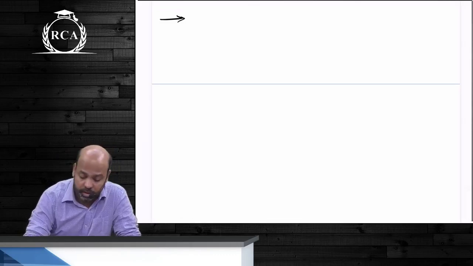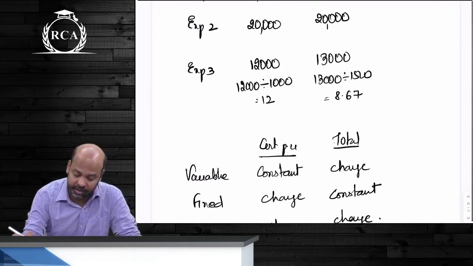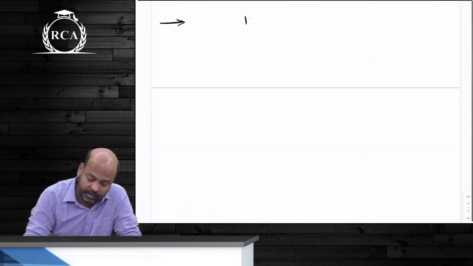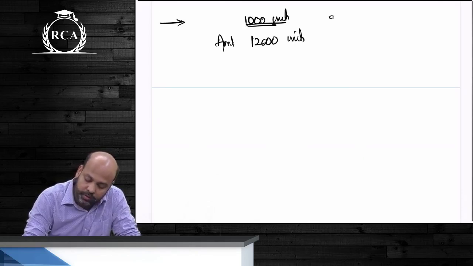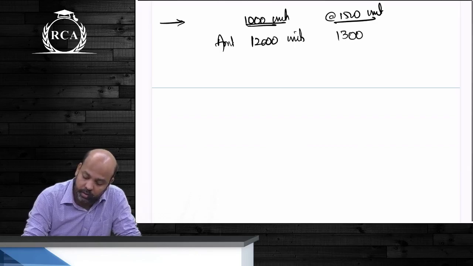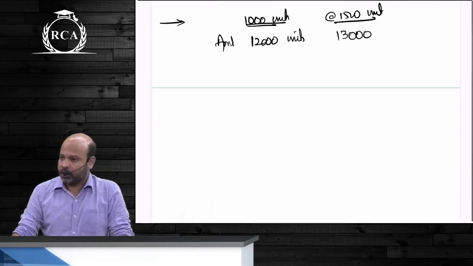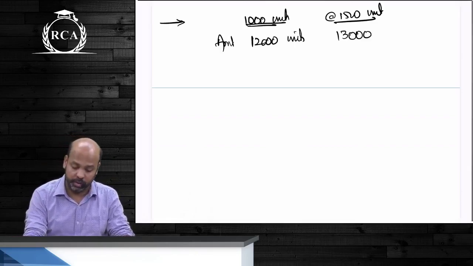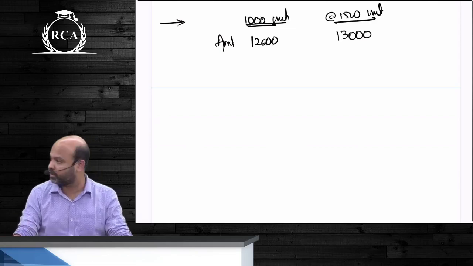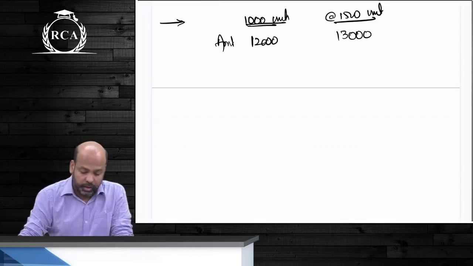Next. If there is semi-variable expenditure, guys, how do we segregate that semi-variable expenditure? जैसे मेरे example में at 1000 units, we were incurring a cost of 12,000 rupees. At 1500 units, we were incurring a cost of 13,000.